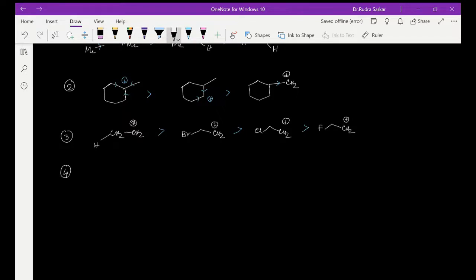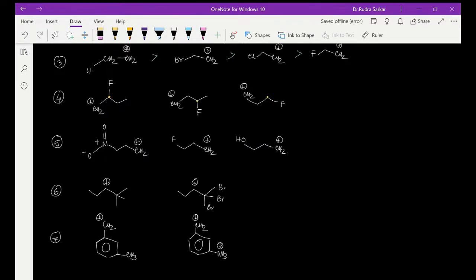In option 4, question number 4, it is the position of the fluorine that changes. Sometimes alpha, then in the next one beta, in the next one gamma.